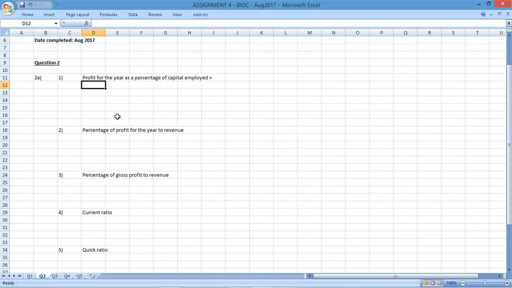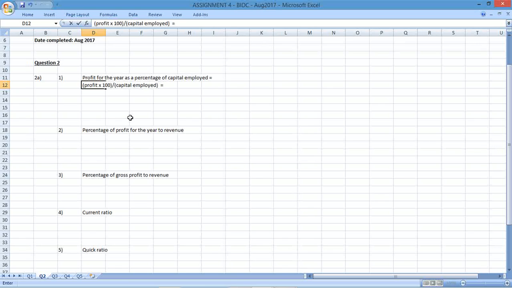This equation would be similar to your return on capital employed, because here we're looking at the capital employed as being the denominator. So we would take profit, multiply that by 100, and divide that by open brackets, the capital employed. That would be our equation for this particular working.